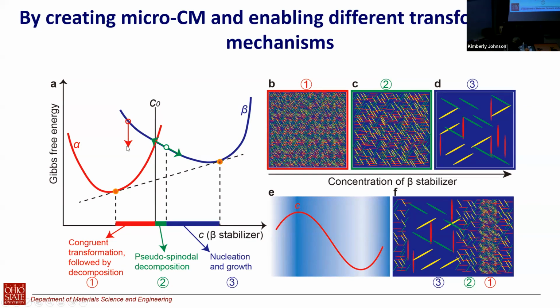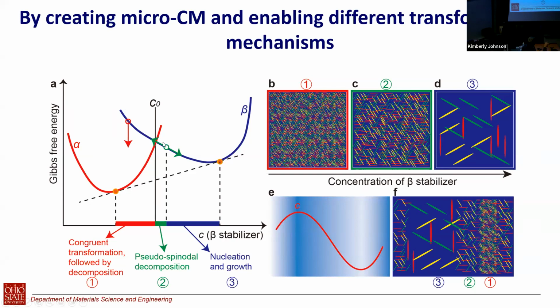I can simply change the structure from BCC to HCP without changing the composition. That's called a congruent transformation. I can reduce my free energy dramatically without atomic diffusion. It's a very fast process, which can also give me very fine microstructure, very high driving force, without atomic diffusion.